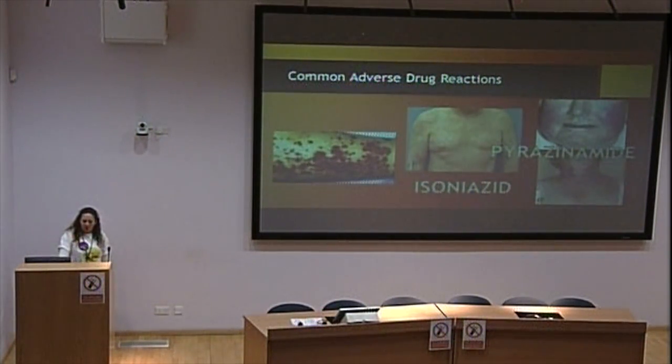Pyrazinamide often can cause photosensitivity and flushing, and also a drug eruption. We see quite a lot of patients who have drug eruptions secondary to pyrazinamide, and rifampicin can cause thrombocytopenic purpura.